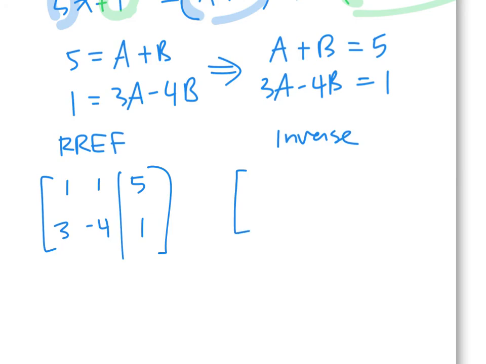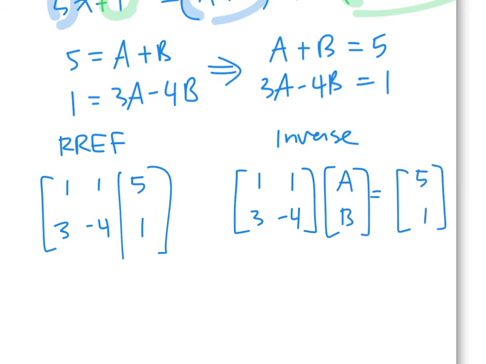If you do the inverse matrix, you go 1, 1, 3, negative 4, multiplied by A and B, which is equal to 5, 1. Either way, you should get the same answer, and the answer should be 3, 2, right? Because that's the fractions we had in the beginning.